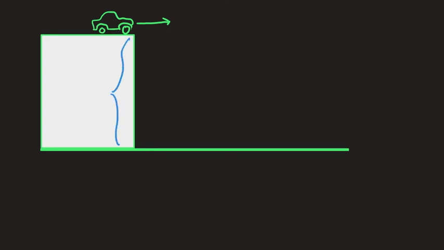And let's say the building is 20 meters tall. They need to strike a target that is 15 meters from the edge of the building. So how fast does the stunt driver have to be moving?